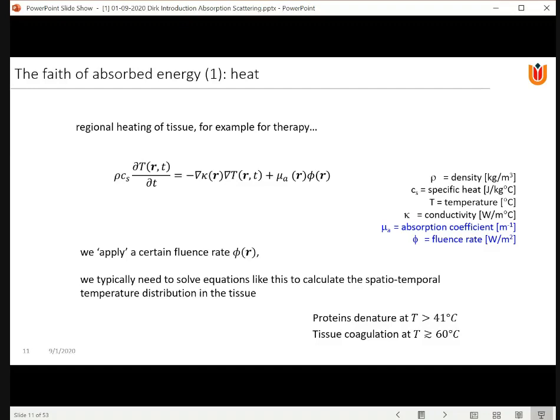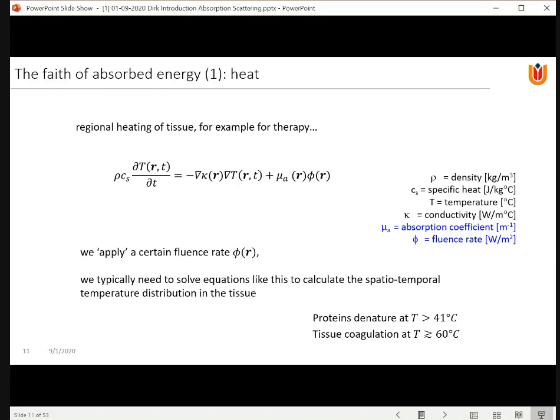You see a couple of constants in there. There is the density of the tissue; more tissue means more absorption. There is the specific heat of the tissue, which will depend on the tissue type. There's temperature, of course, and conductivity.